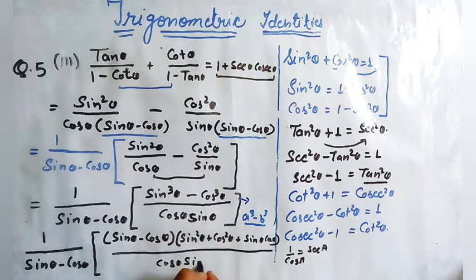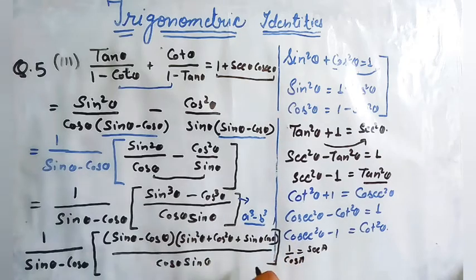This is the most important step. Take care, we are using a cube minus b cube in the numerator.